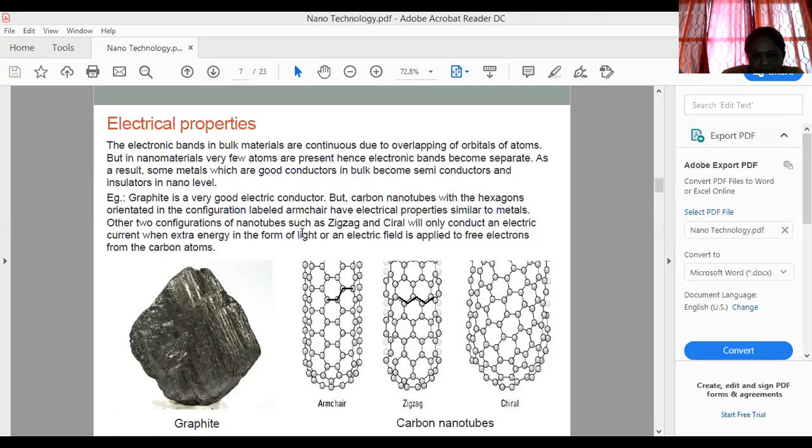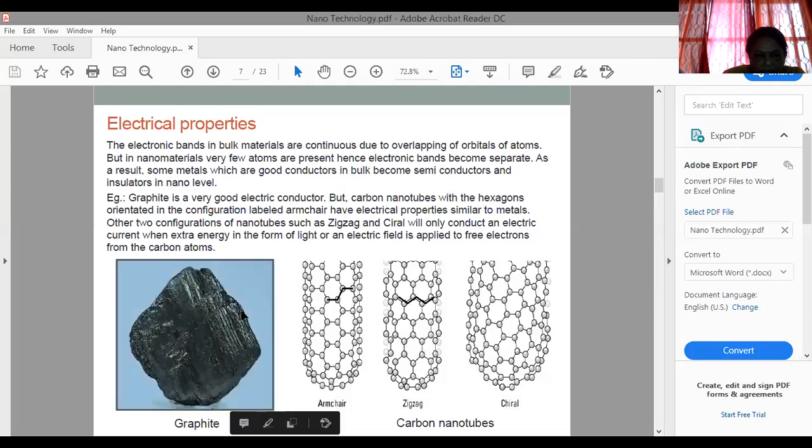The other two configurations of nanotubes, zigzag and chiral, will only conduct the electric current when extra energy in the form of light or an electric field is applied to the free electrons from the carbon atoms. It depends on how the atoms are arranged, whether it is zigzag or armchair or chiral. So it all depends on which kind of nanomaterial will act as conductor and which will act as insulator.